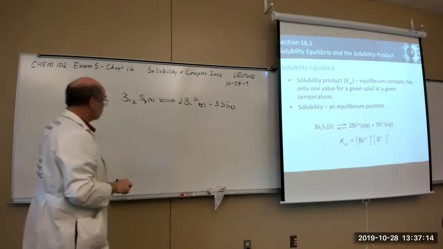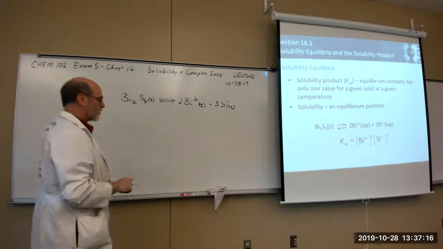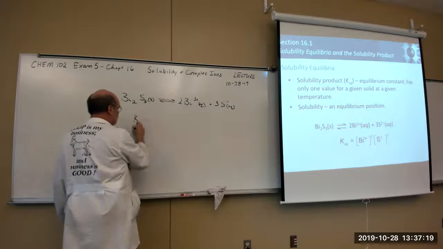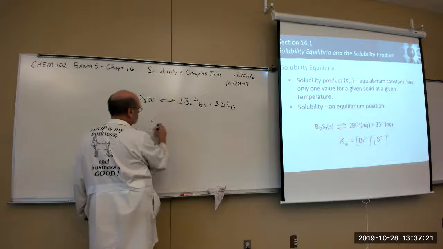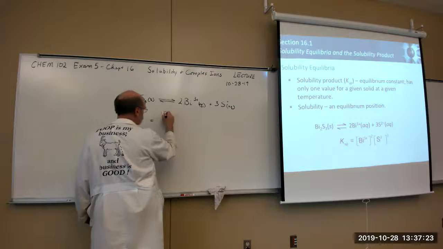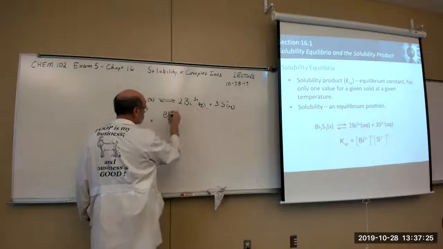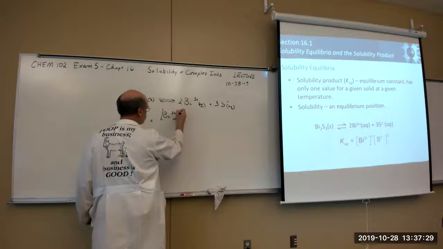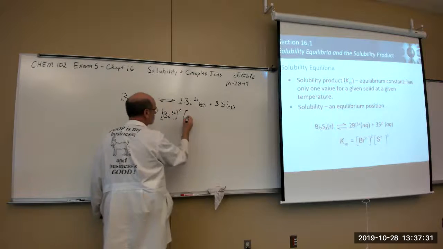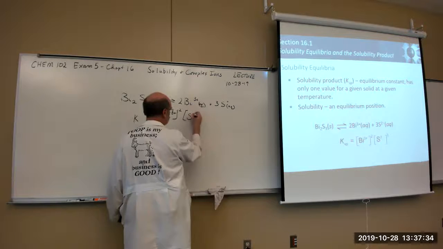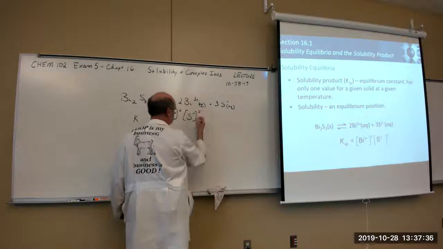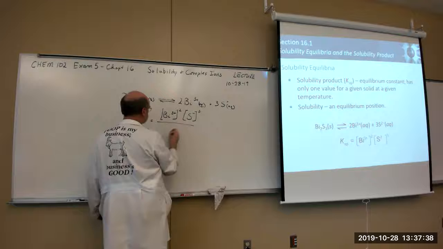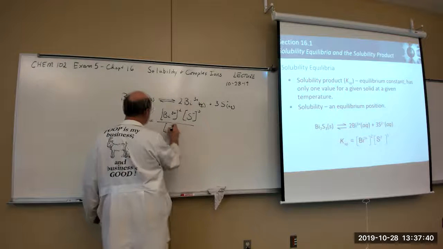If we write an equilibrium expression for this, we would put the products on the top to the power of the coefficients. And then we would be tempted to do this.